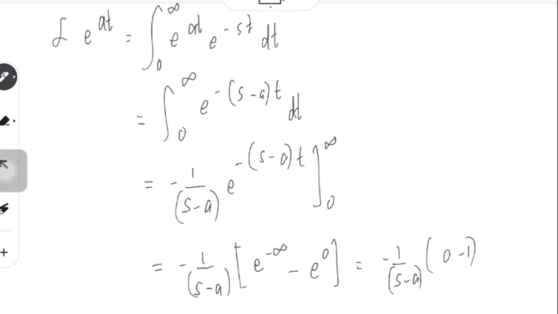And if we're going to simplify, it is simply positive 1 all over s minus a. This is the Laplace transform of e to the at.